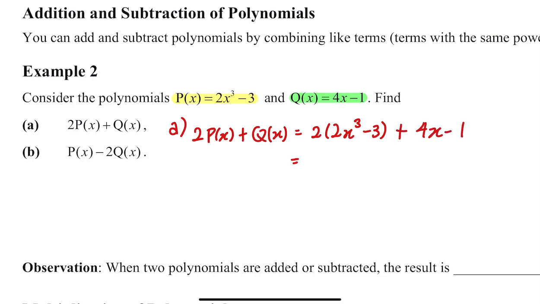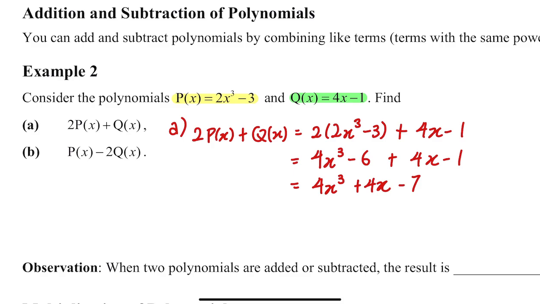Then I expand and simplify, I'll get 4x cubed minus 6 plus 4x minus 1. Therefore, final answer, 4x cubed plus 4x minus 7. This is for example 1.